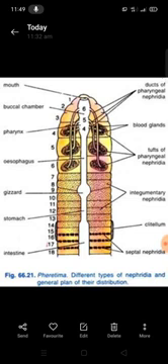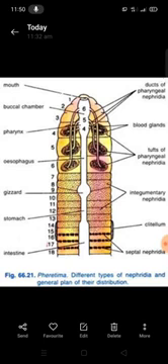and the main lobe and the vesicular lobe, vesicular duct and the vesicle and the nephridiopore. So only testicular nephridia are 11 pairs, which are located in the 12 to 22 segments.